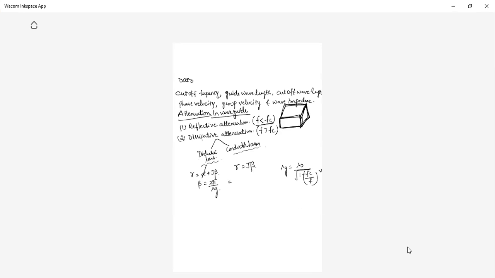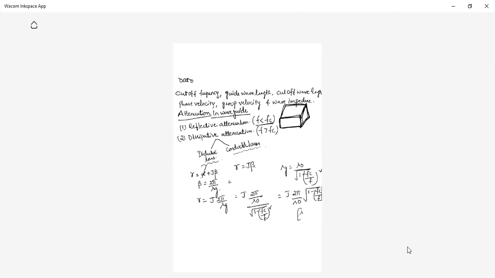If I substitute, gamma is equal to j into 2 pi by lambda g, which is nothing but j into 2 pi by lambda naught by square root of 1 minus (fc by f) whole square. So gamma is j into 2 pi into square root of 1 minus (fc by f) whole square by lambda naught.